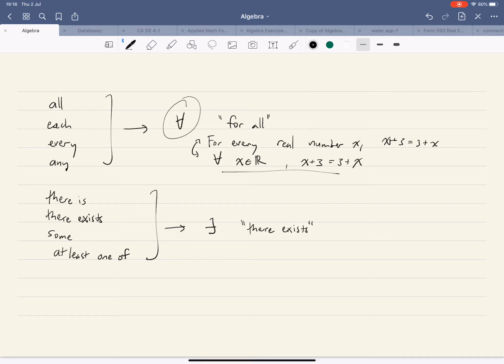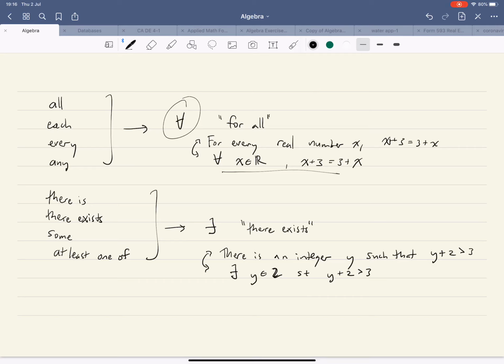So in the second example that we looked at, when we talked about there is an integer y such that y plus 2 is greater than 3, well, that could have been simplified by writing, there exists y that's an integer such that y plus 2 is greater than 3.